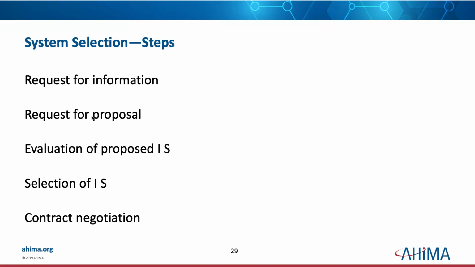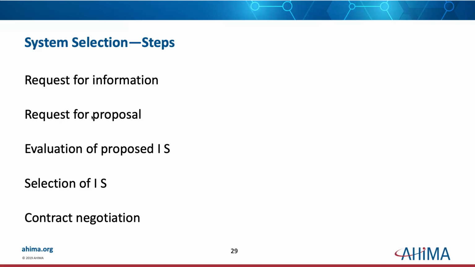The next thing you do is you develop your request for proposal, RFP. And that is where you say, here's what we want. We have defined what our needs are, and this is what we need a system to be able to do. Here is all of what we are going to require from a vendor and a system.